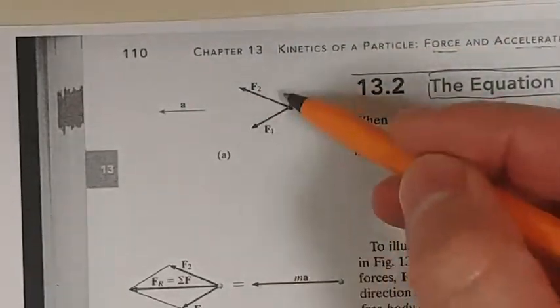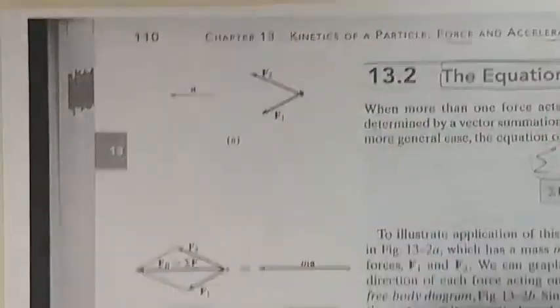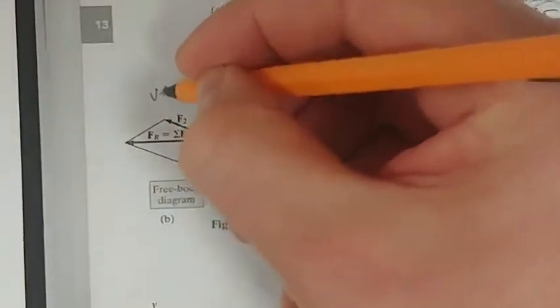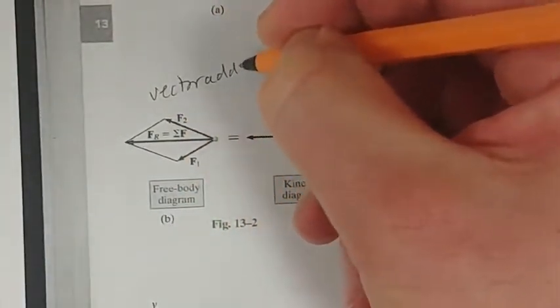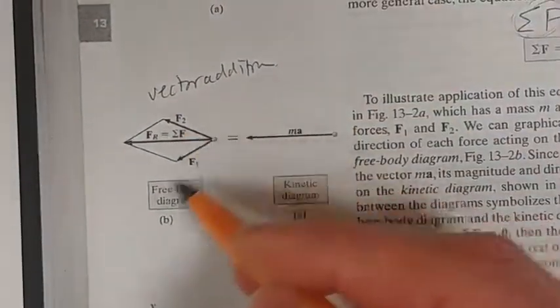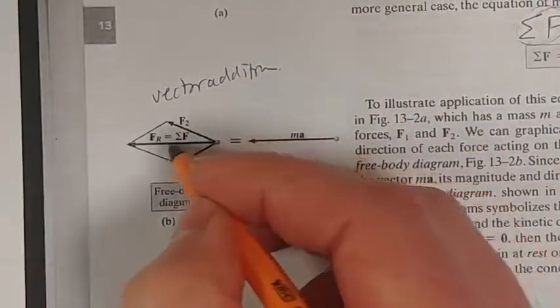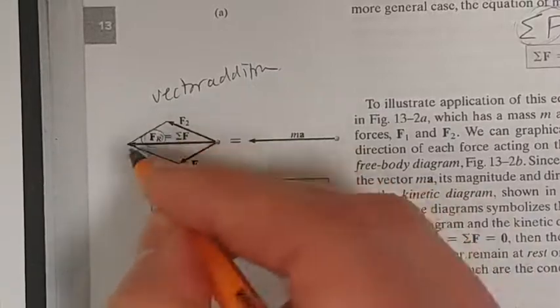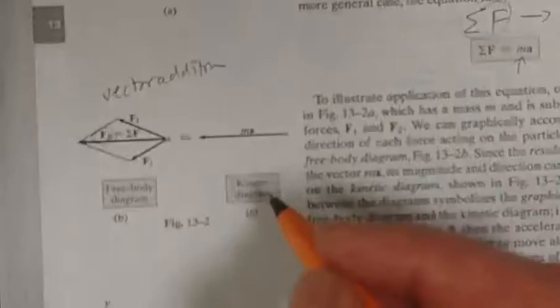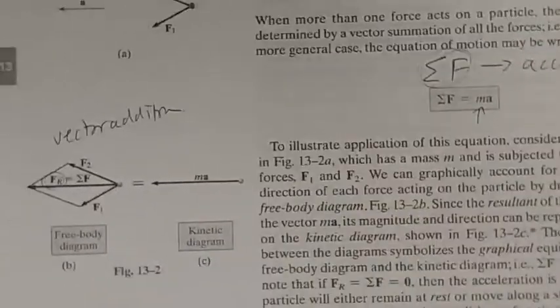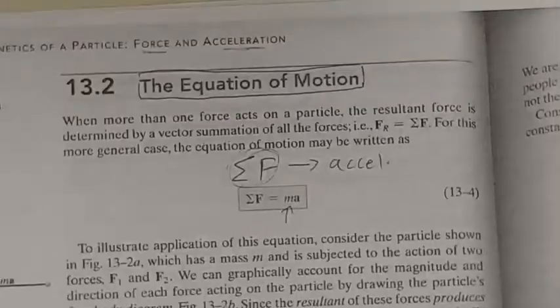The forces are unbalanced, and as you can see in this next one, if you do a vector addition of the free body diagram of the forces, you're going to get a resultant force Fr in that direction, and the acceleration must always be in the direction of the resultant force. Okay? So there we have that.